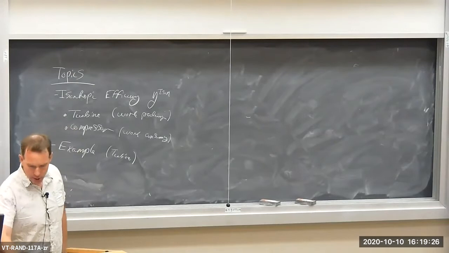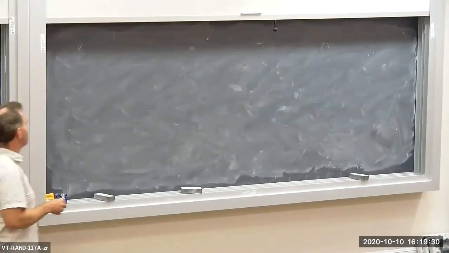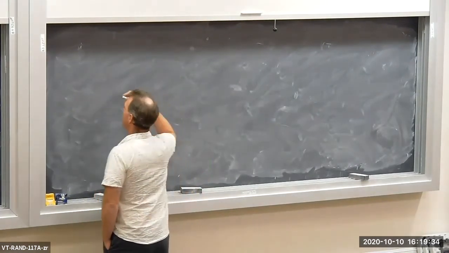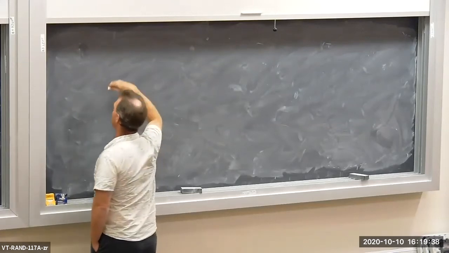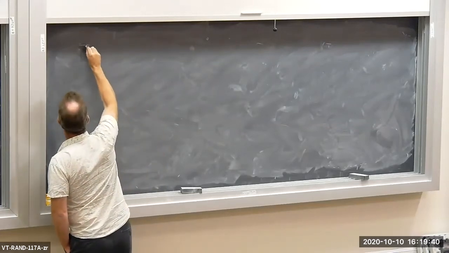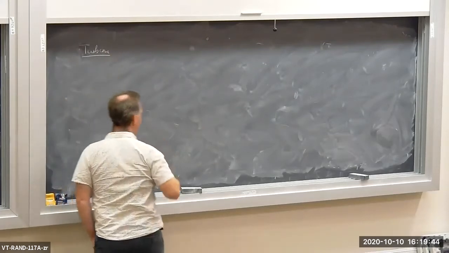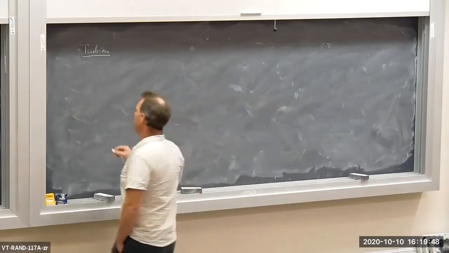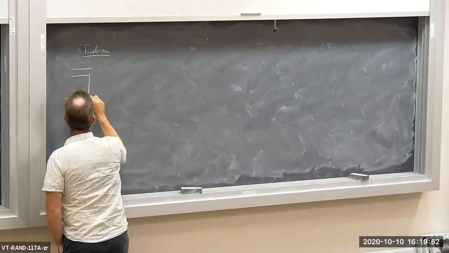Okay, so let's get started here. Let's say we have a real turbine. So we have some sort of a turbine. Now this turbine receives a certain inflow of something.